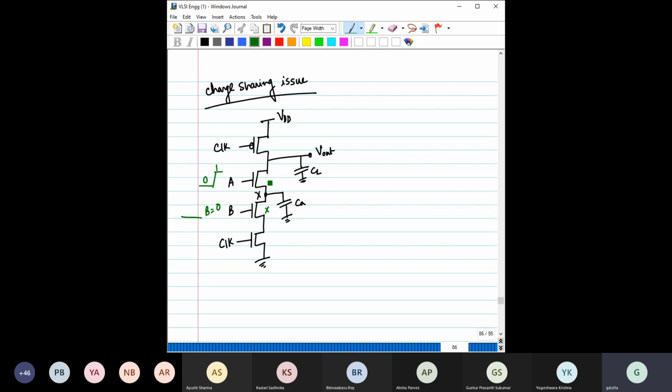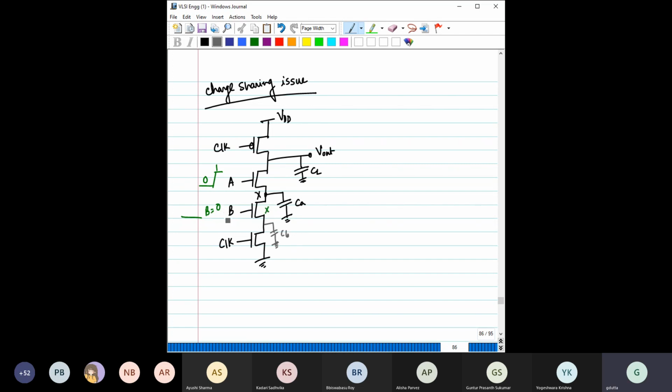It swings from 0 to 1, so this transistor after some time will turn on. Still, we have not given the input; I am just saying what we are planning to do. This capacitor is basically the internal node capacitor, CA. Similarly there will be one more capacitor here, CB, the internal node capacitor. But we are not considering CB here because we are assuming that B is 0.